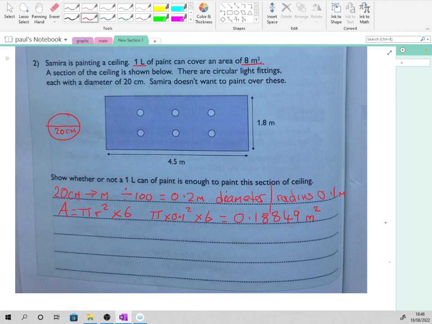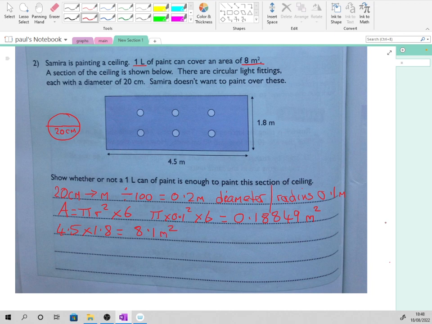So the area of everything is 4.5 times 1.8. So 4.5 times 1.8 is 8.1 meters squared.